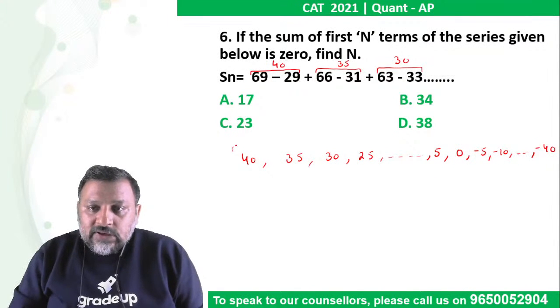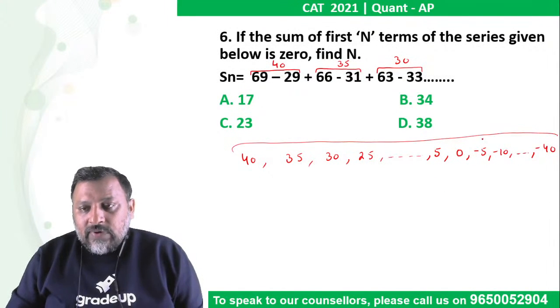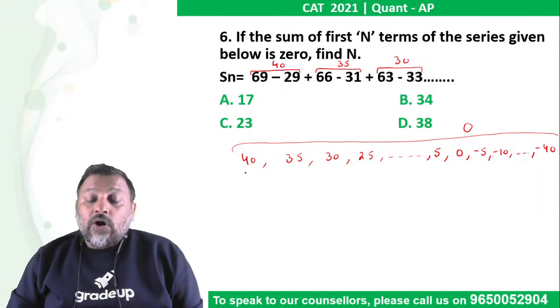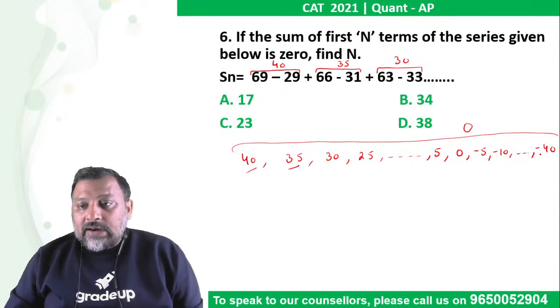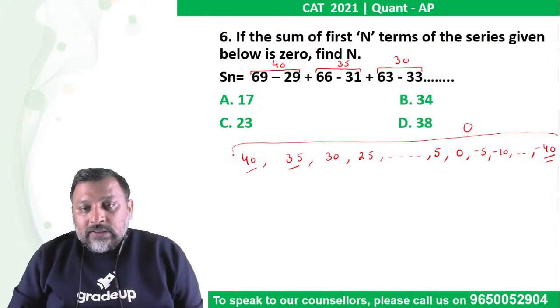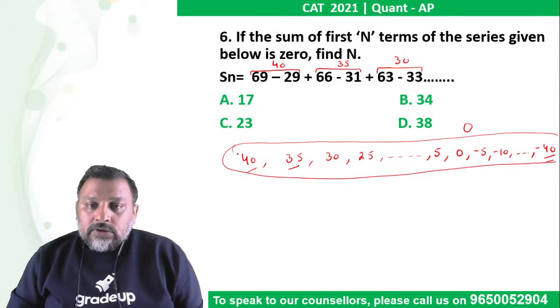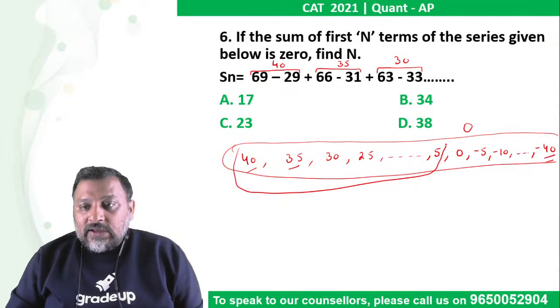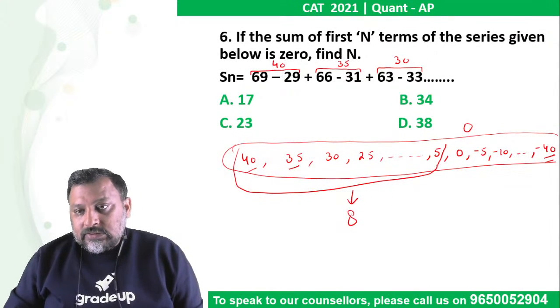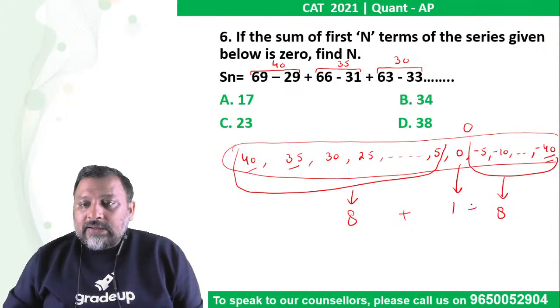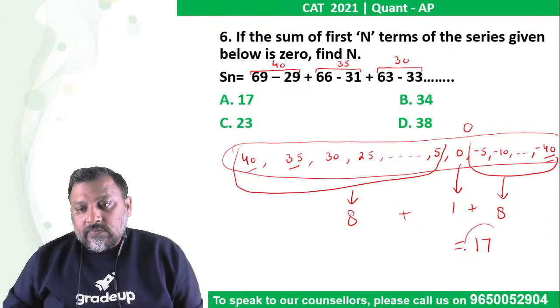Now can we say if I add all these, this is definitely going to be 0. If you start from 40, then only when you reach minus 40 would this sum be 0. From 40 to 5, how many terms are written? 8. This is also 8 terms. And this is 1. So if I add this, I get 17.